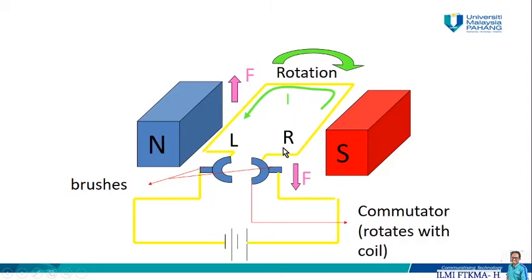So we have the current flowing in this direction, and we know that the magnetic field of the two permanent magnets is going to be from north to south. So we have the direction of current here, and we can use Fleming's left hand rule, and we are going to see that the force is acting upward for the left part of the armature, while for the right part of the armature, the force is acting downward, and therefore we are going to have a circular motion or a rotation of this armature.